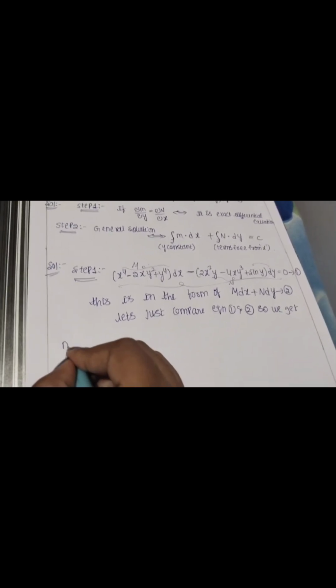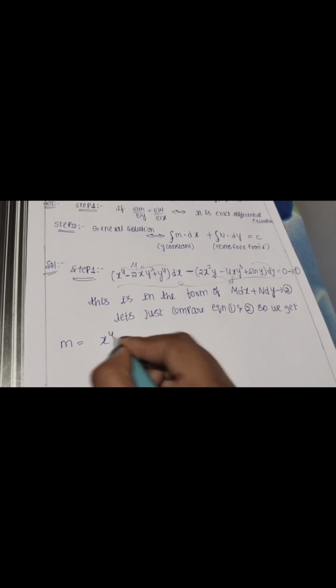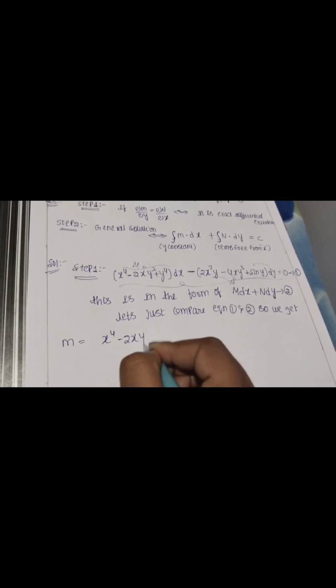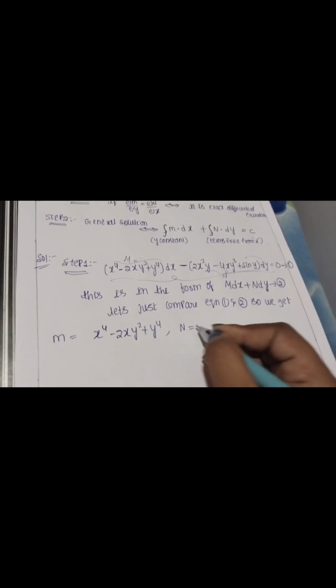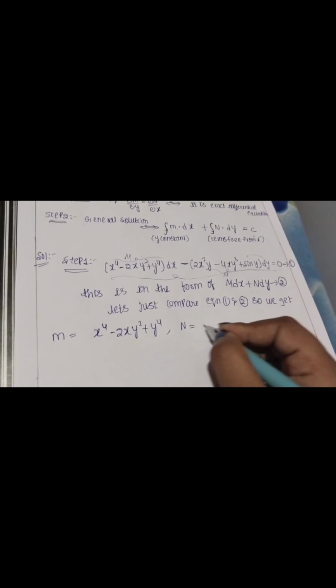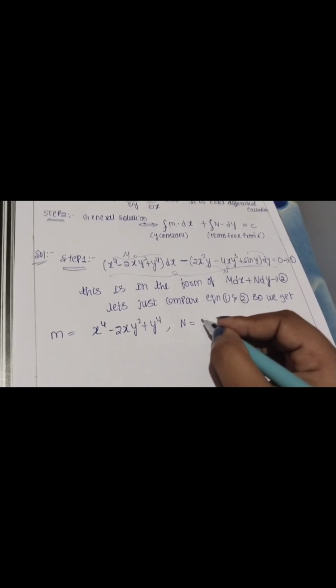We get M equals x to the power 4 minus 2xy square plus y to the power 4, and N equals, now we must not forget the minus over here.